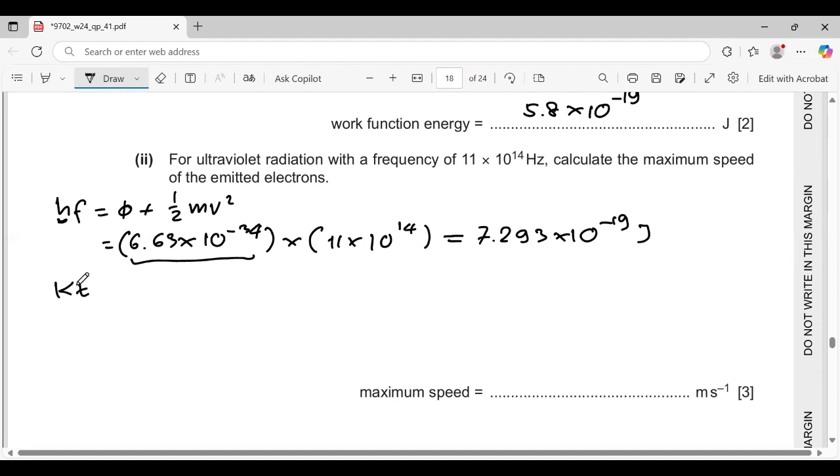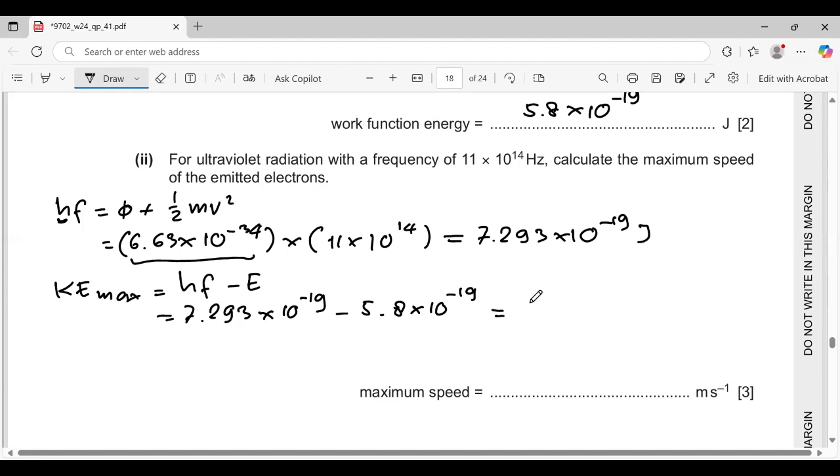So the kinetic energy maximum equals hf minus phi, and it is 7.293 times 10 to the power minus 19 joule minus 5.8 times 10 to the power minus 19. It is 1.493 times 10 to the power minus 19 joule, or 1.45 times 10 to the power minus 19 joule.